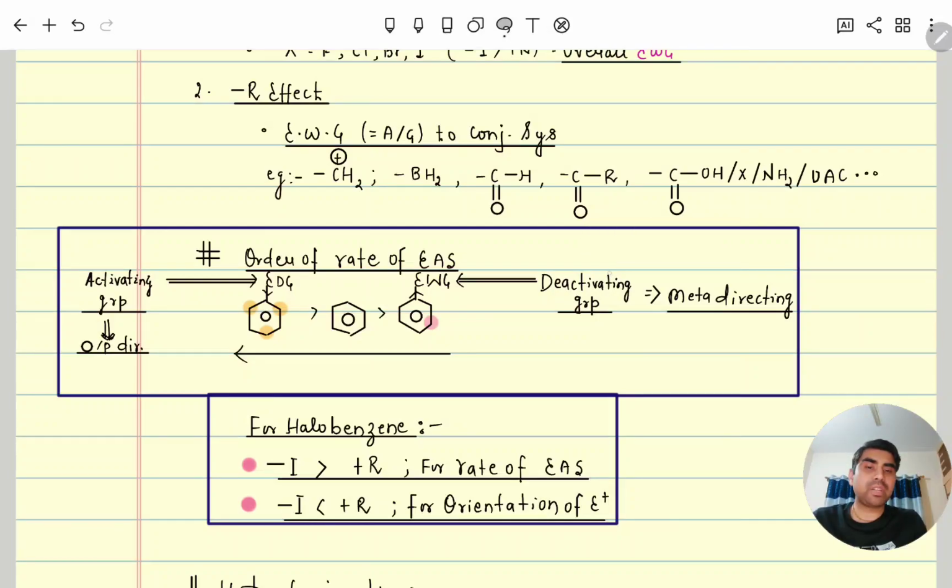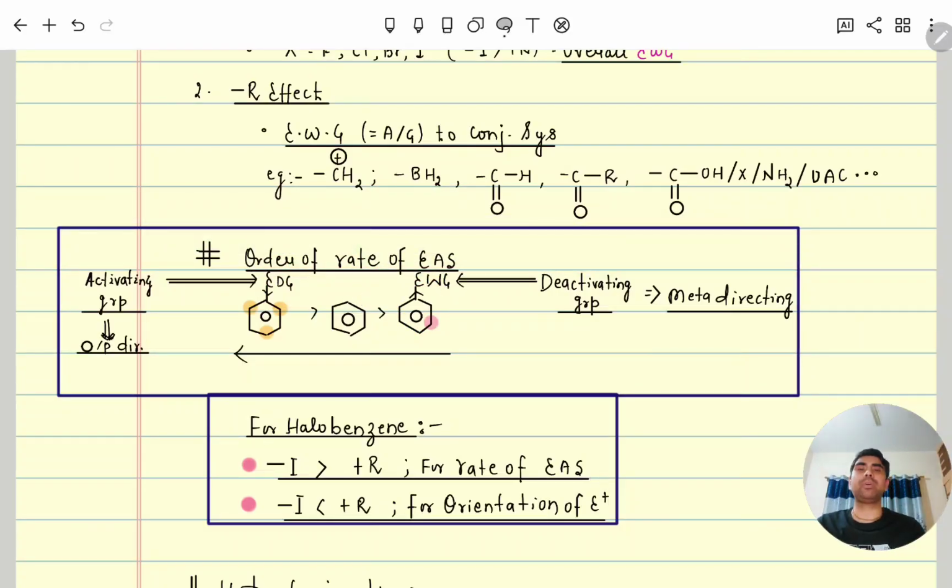They are called deactivating groups and they are meta directing groups, since they withdraw electrons and at meta the electron density is somewhat normal, so the electrophile will come here. So the rate of electrophilic substitution will be highest at the first, then this, and lowest here.